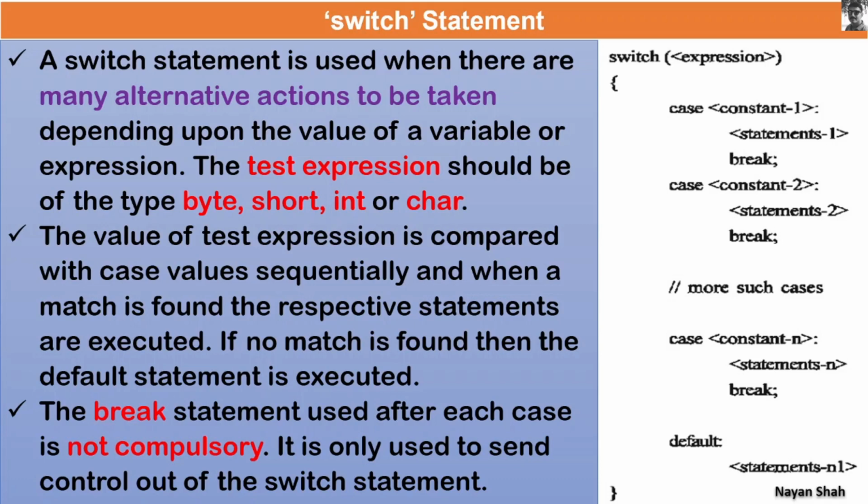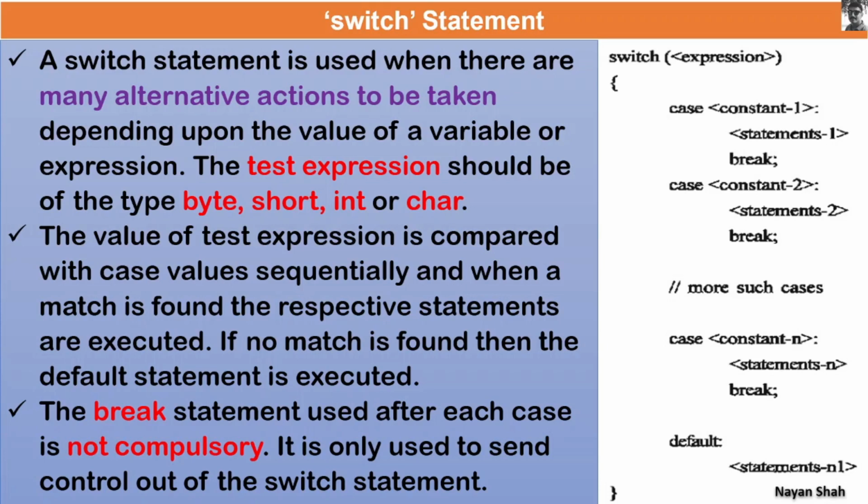But suppose I ask somebody which standard do you study in? There can be so many possible answers. If I ask a Boolean question, are you studying, then there can be two answers, yes or no, true or false, which can be checked using if.